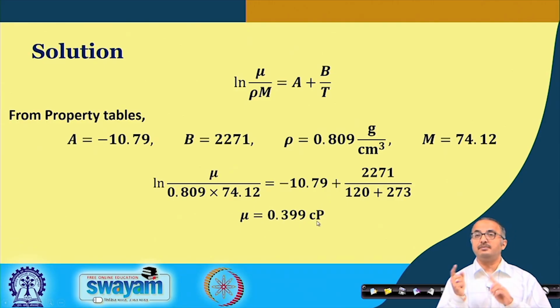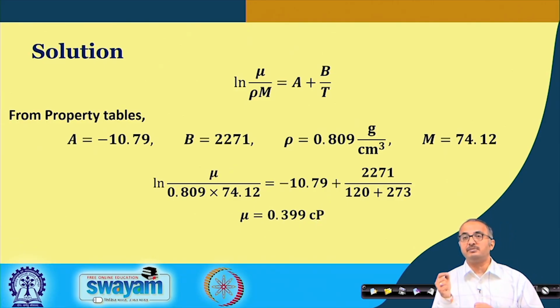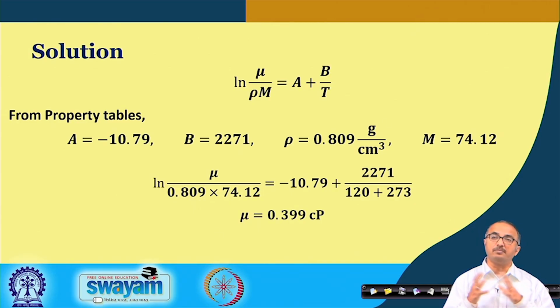Now centi means 10 to the power minus 2 and micro means 10 to the power minus 6. If you compare the viscosities of the gas and the liquid, expectedly gases have much less viscosity than liquids, but look at the kind of difference we have: about 4 orders of magnitude between the liquid viscosity and the gas viscosity.